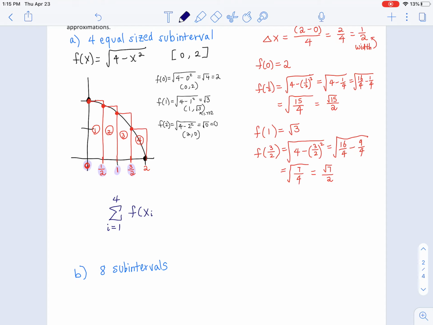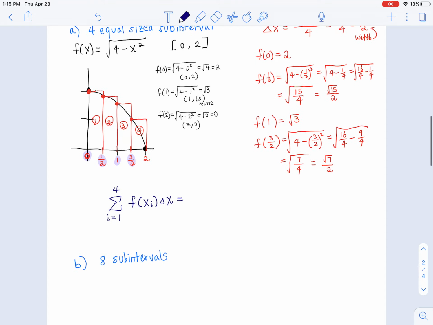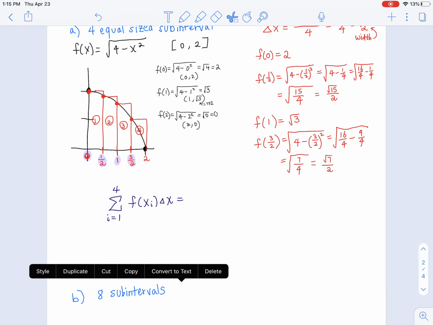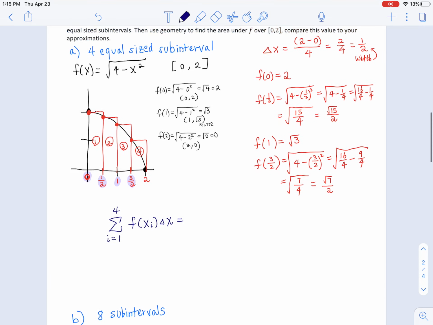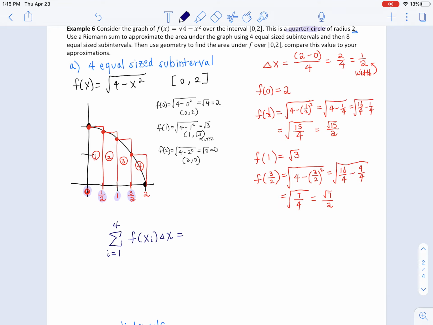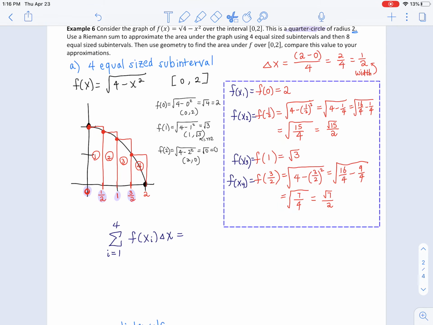So why don't we bring in our fancy sigma notation. So the sum, i goes from 1 to 4, of f of x sub i times delta x, that Riemann sum is equal to, first one, I need to multiply, you know what, let me go ahead and label everything for you here.